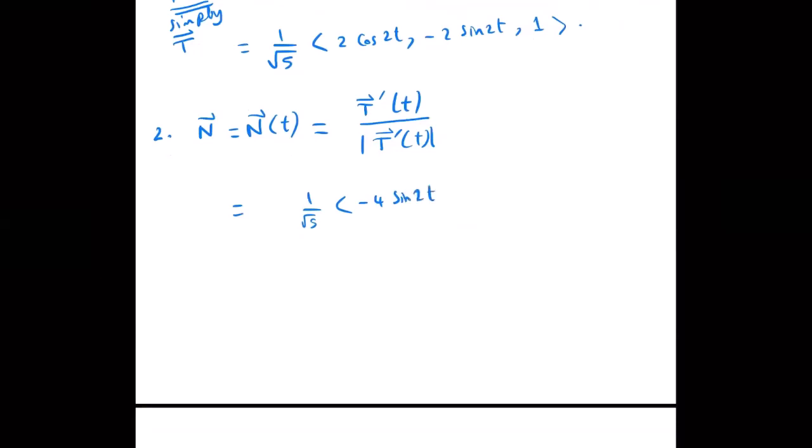The derivative of cosine is negative sine, multiplied again by the 2, the derivative of the angle. Second component, negative 4 cosine 2t. The third component is 0, because this is the derivative of 1. This is T prime. I didn't divide by the norm of T prime yet. So let's divide by the norm of T prime.